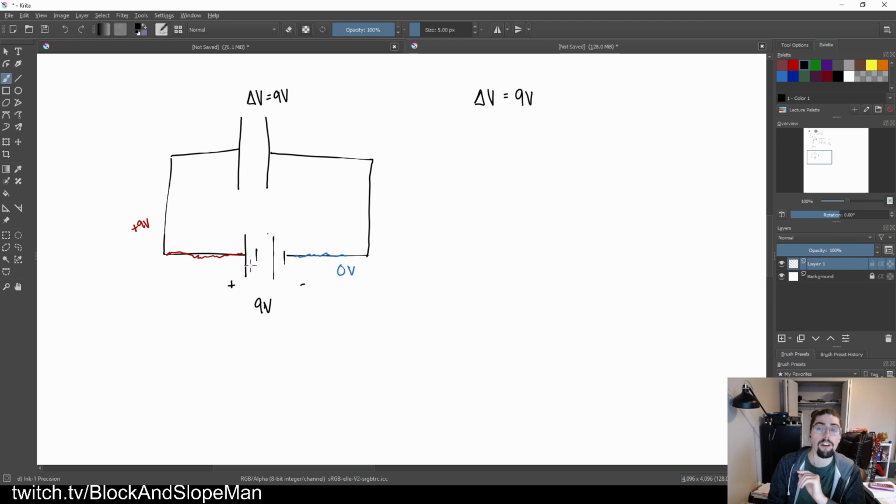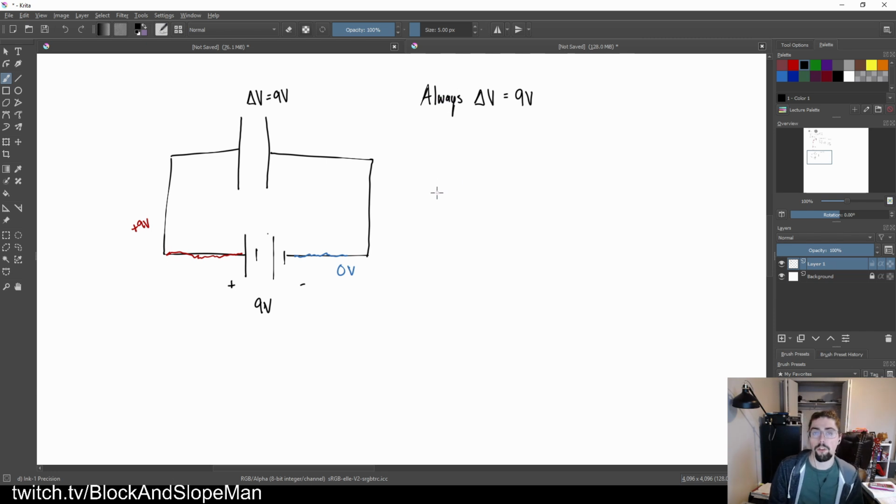As long as this battery is attached, our capacitor is going to have 9 volts of potential difference between those two plates, whether we have vacuum, Mylar, grape jelly, no matter what we put in between those points, I'm always going to see the same potential difference. So, always, delta V is equal to 9 volts.